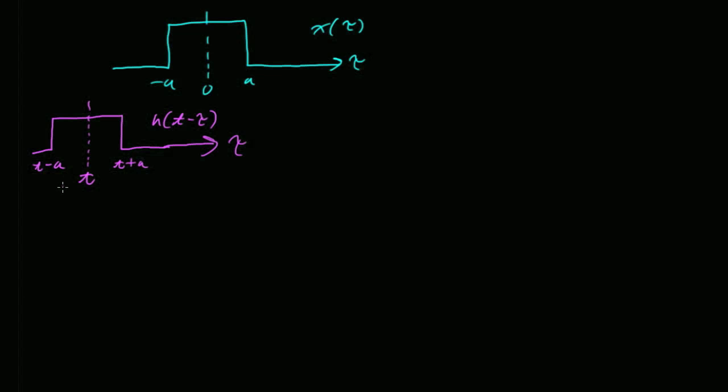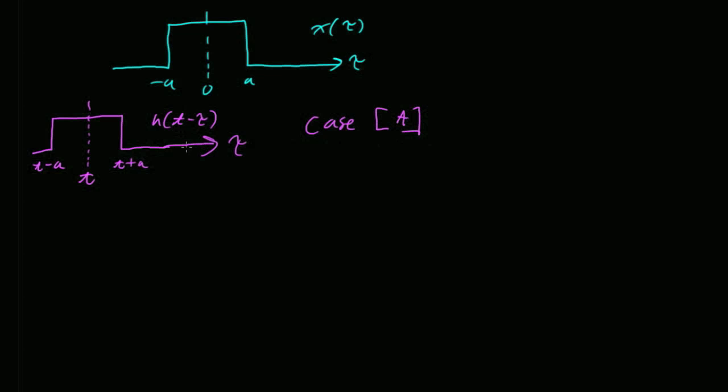All right. So for the scenario that you're looking at here, we'll call this case A. Is there any overlap between x of tau and h of t minus tau? Do they overlap? Is there any non-zero overlap?